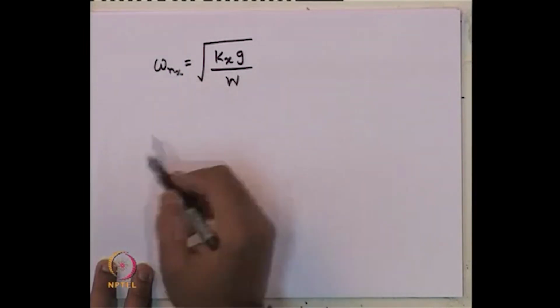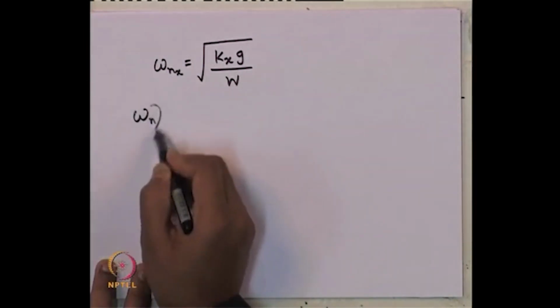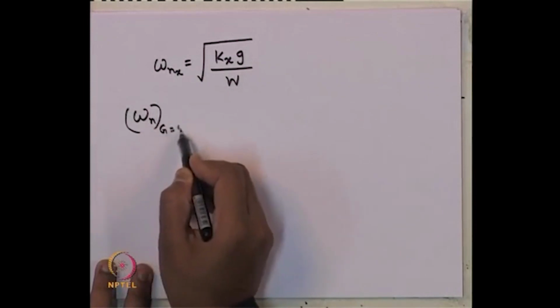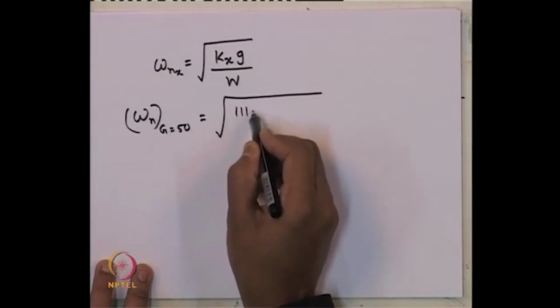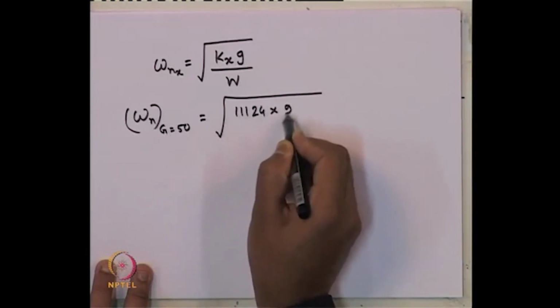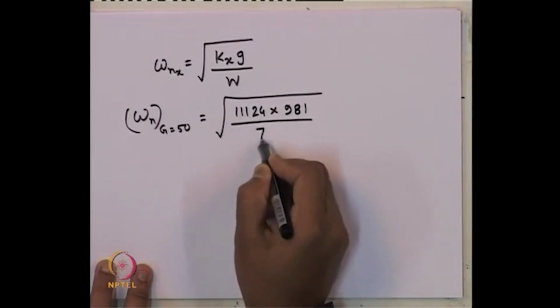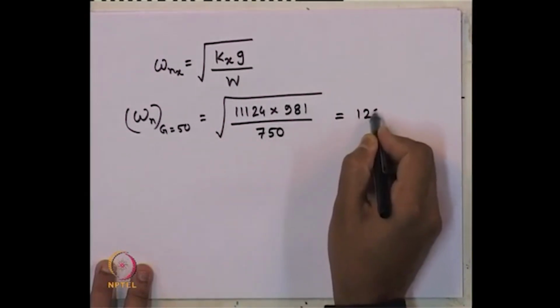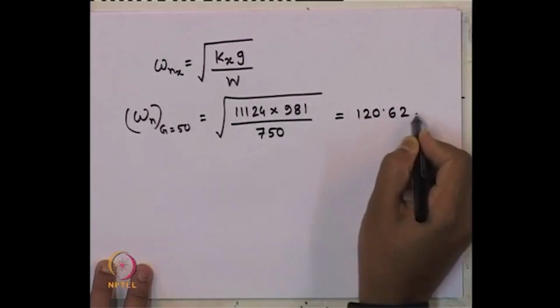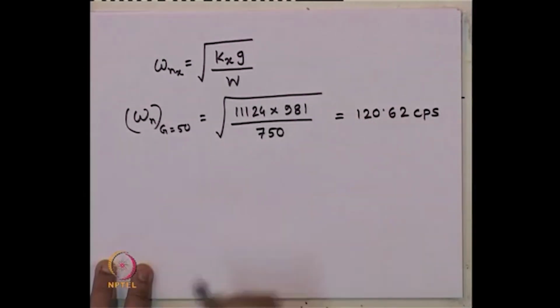Okay. So, omega n for G equals 50 should be root over 11124 into 981 divided by W, which is 750. It is coming about 120.62 cycles per second. Am I right?